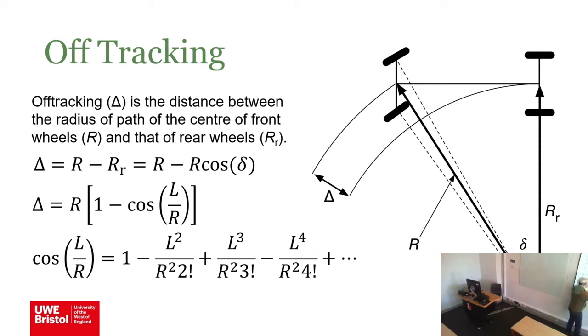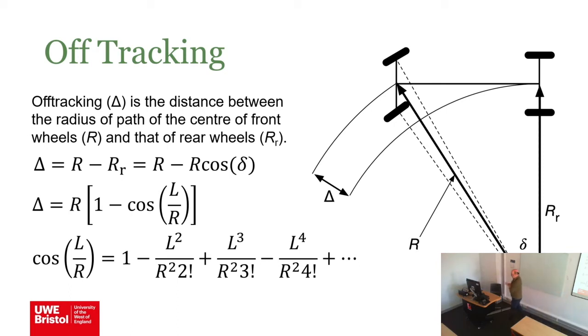You can see it's L squared over R squared times 2 factorial, plus L cubed over R cubed times 3 factorial, and so on. It goes minus, plus, and so on. If you just plot the number of these terms, it will look like cosine.